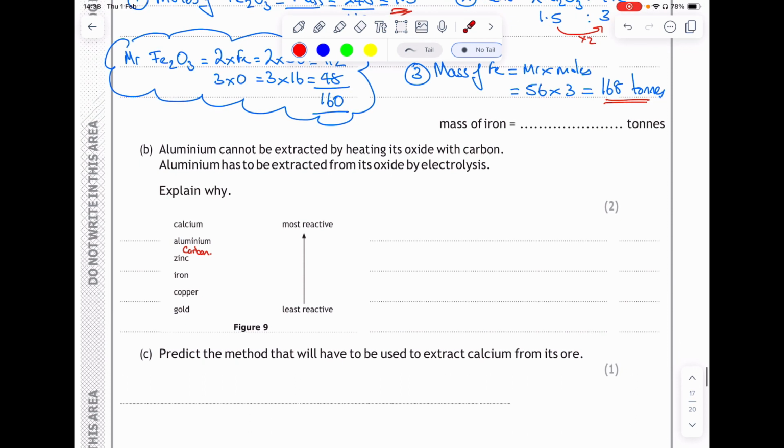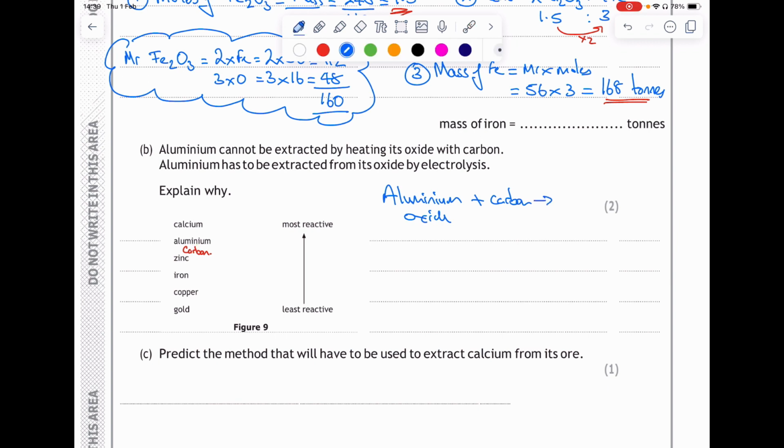Okay, right, the next one, it says aluminium cannot be extracted by heating its oxide with carbon. Aluminium has to be extracted using electrolysis. So if you think what this means, if I have got aluminium oxide and add carbon to it, what I've done in the reactivity series here is I've labelled where carbon is, and carbon is below aluminium.